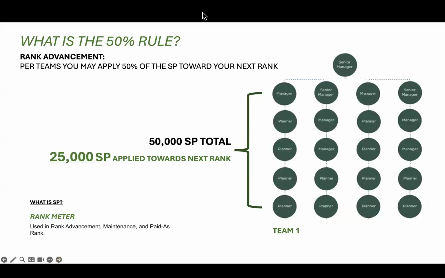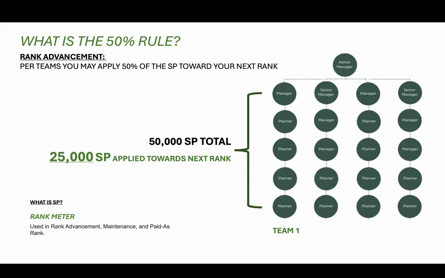Now we have something called the 50% rule. What is the 50% rule? When you're rank advancing, you know how we're calculating SP. For rank advancement, it's per team. You may apply 50% of the SP toward your next rank. What that means is, when you're building a leg, one leg is a separate team or organization you're building.